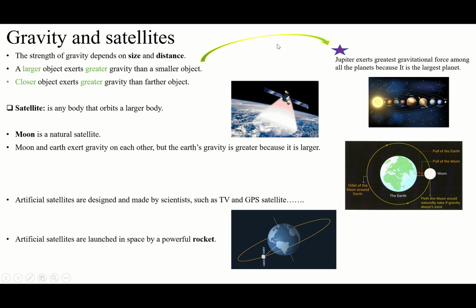An example is here. Jupiter exerts the greatest gravitational force among all the planets. We have these planets, right? You see that Jupiter is the largest one. We all know that Jupiter is the largest planet. So according to this rule, Jupiter exerts the largest gravitational force.